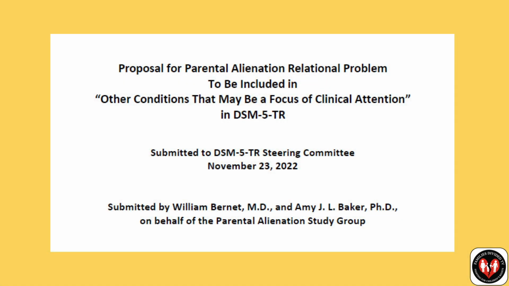For instance, all three things that I mentioned before are in that chapter: CAPRD, the child affected by parental relationship distress, parent-child relational problem, and child psychological abuse. All those conditions are already in the chapter called Other Conditions. And as you can see, the authors of the proposal are myself and Amy Baker, psychologist in New York, and we're doing this on behalf of our organization, the Parental Alienation Study Group.